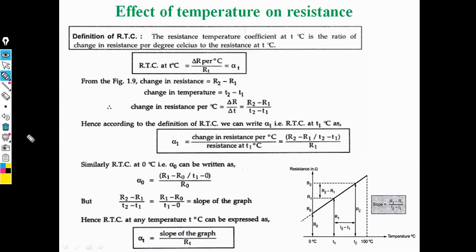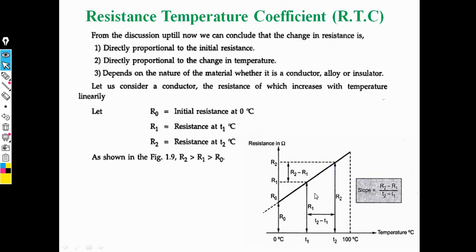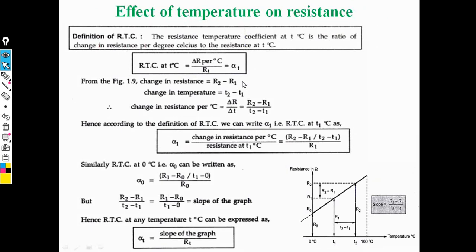This is the concept of resistance temperature coefficient. We need this graphical representation. It is very important in resistance temperature coefficient.